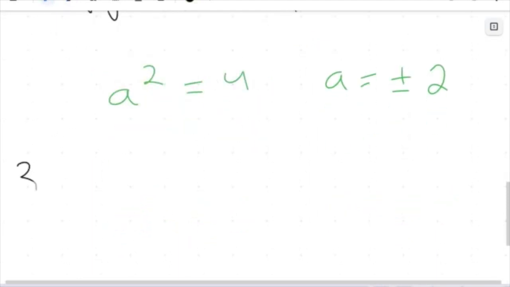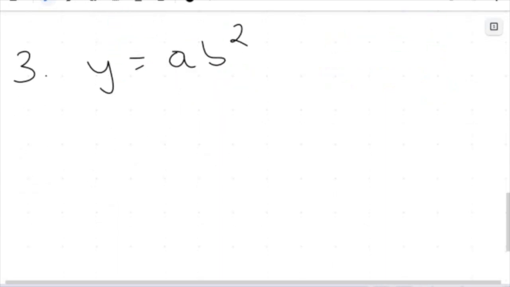So in example 3, we're going to consider this equation y equals a b squared. And we want to ask ourselves, are there any restrictions on a, b, or y? So in other words, can these values be any number?